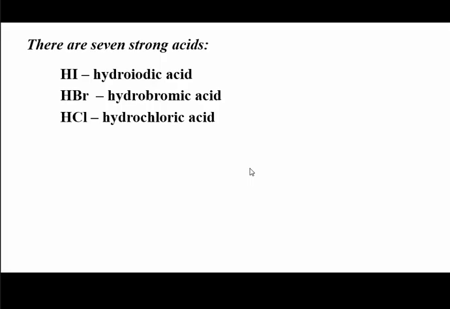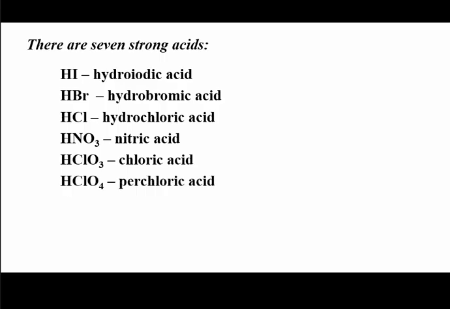In addition to those 3, nitric acid is one of the strong acids, chloric acid is one of the strong acids, and perchloric acid is one of the strong acids. All 6 of these are monoprotic. Notice they all have just one hydrogen. So all the math we've been doing so far for strong monoprotic acids, we could also use nitric, chloric, and perchloric for any of those kinds of calculations because they are also strong and monoprotic.